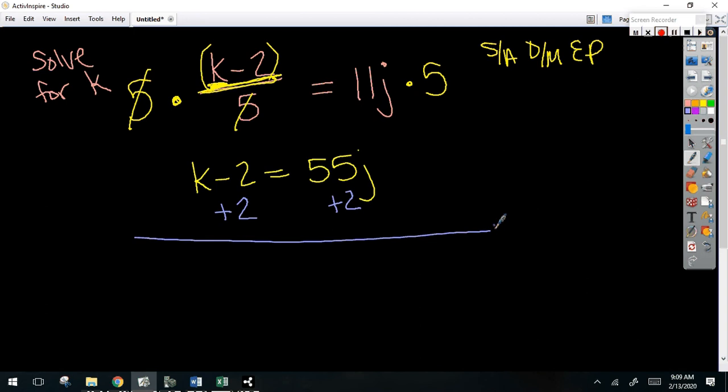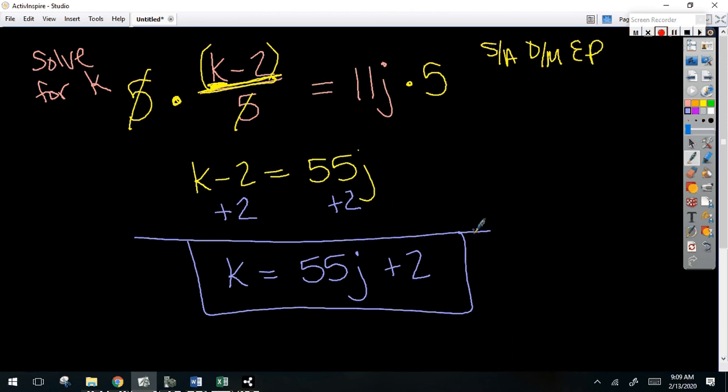No, because that 2 doesn't have a j on it. So I can't do it, so I write it. So that's just the whole answer. Hold on, because we're going to do several more of these that get sticky.